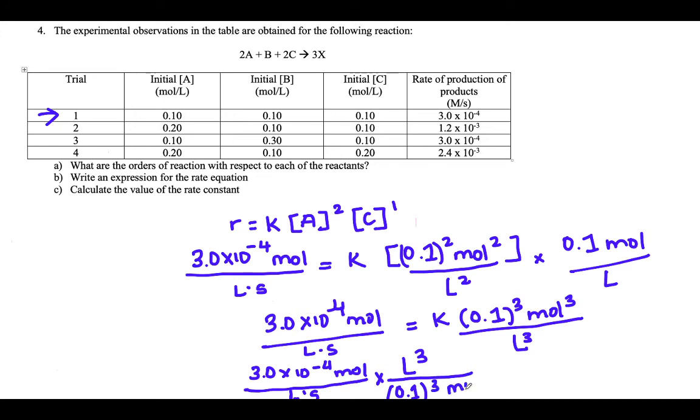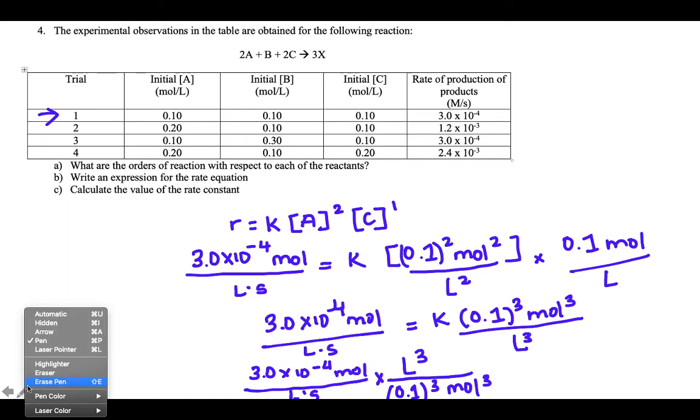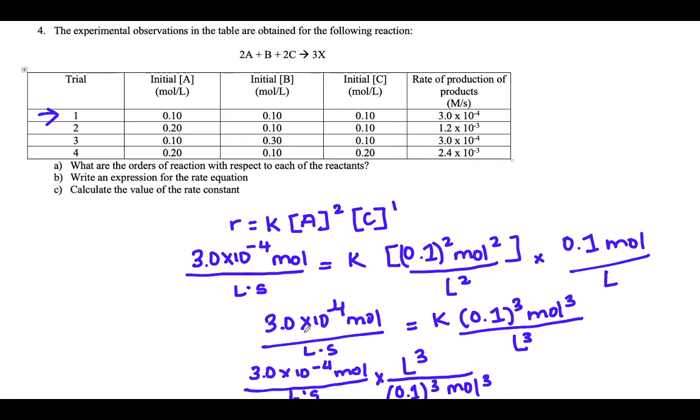All right, let's cancel out some units where we can. If I've got mole cubed here and mole here, this gets canceled out and this becomes a 2. If I've got liters here and liter cubed here, this becomes a 2.